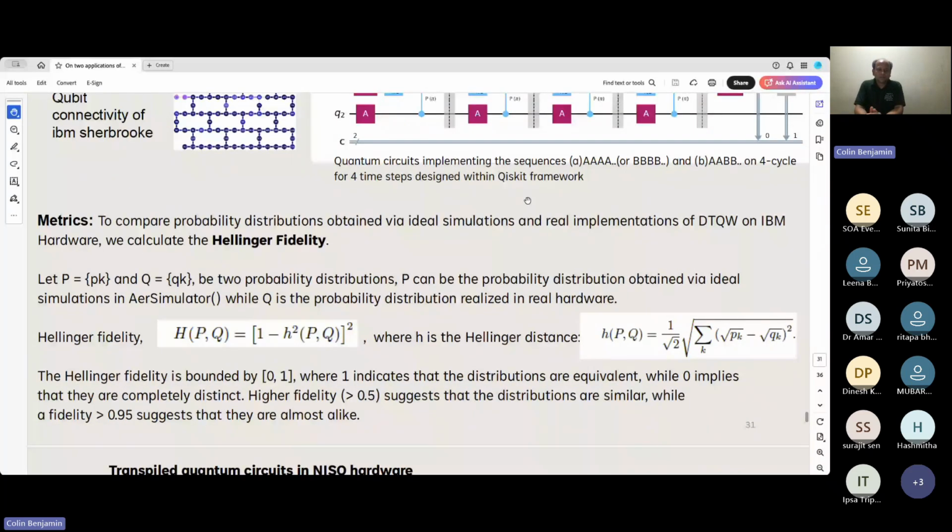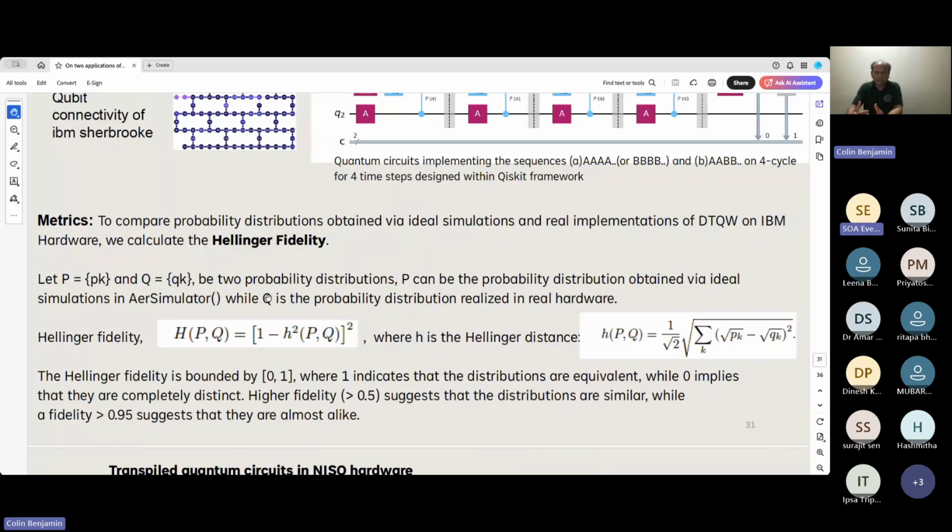And I said that there is one metric, which is the circuit depth. There is another metric, which is called the Hellinger fidelity, which is the comparison of the distance between 2 probability distributions. So if P is the probability distribution obtained in an ideal quantum walk simulation in an Aer simulator, and Q is the probability distribution on the IBM quantum device, then how much is the distance between these 2 probability distributions?